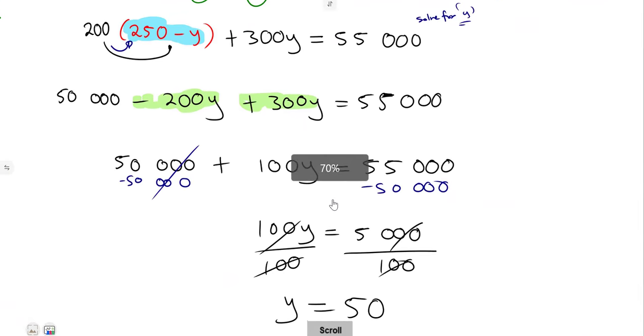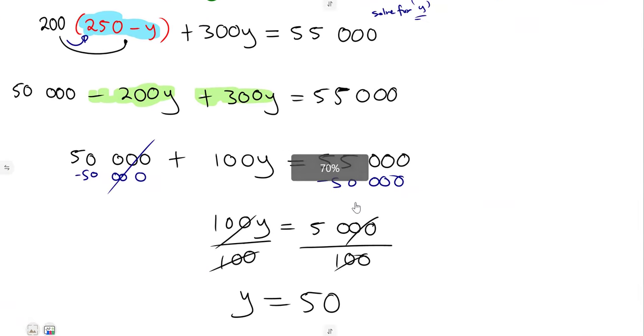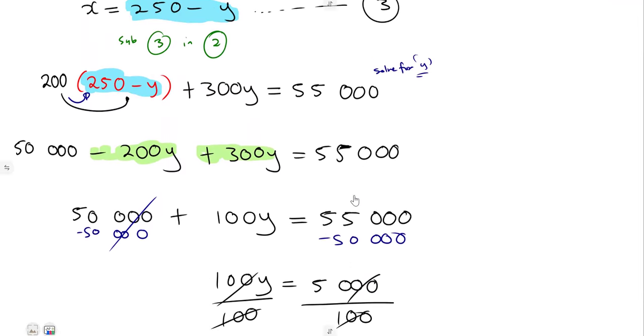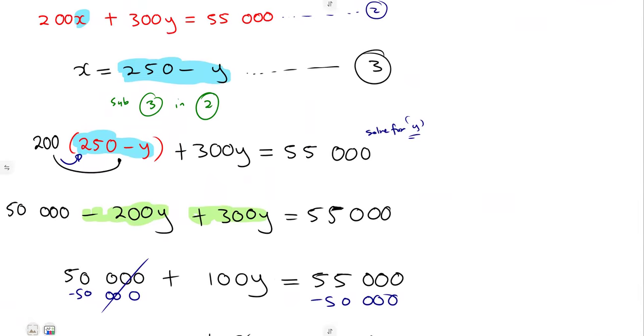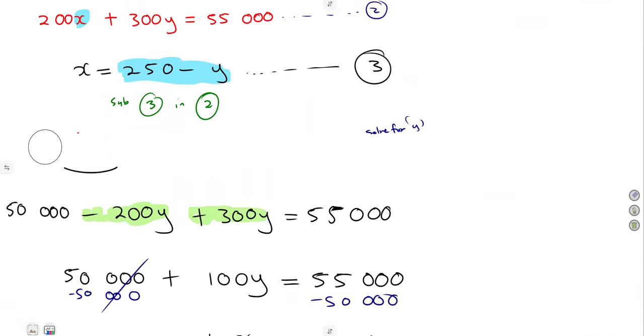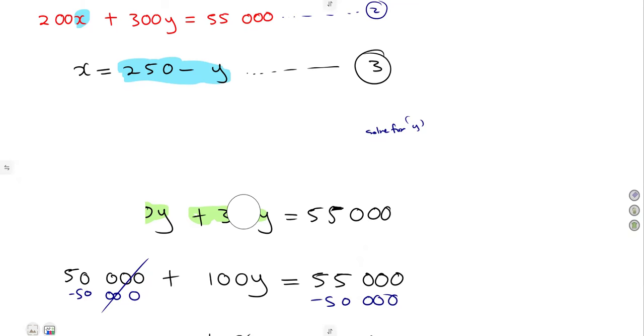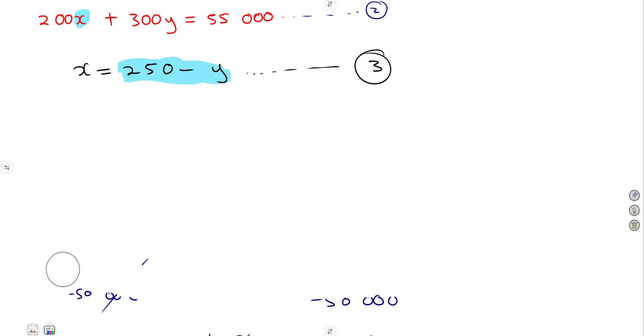With the value of y that we have calculated, you can substitute in any one of the given equations. I'm going to use equation 3, as x is already the subject there, so I'm just going to utilize that to our advantage.